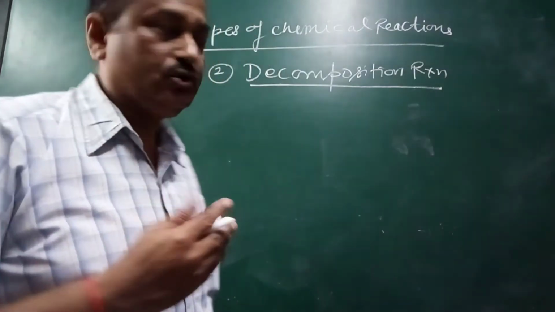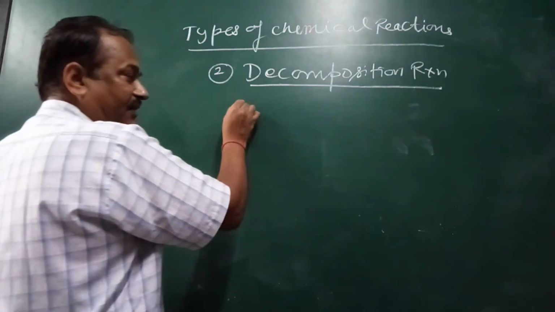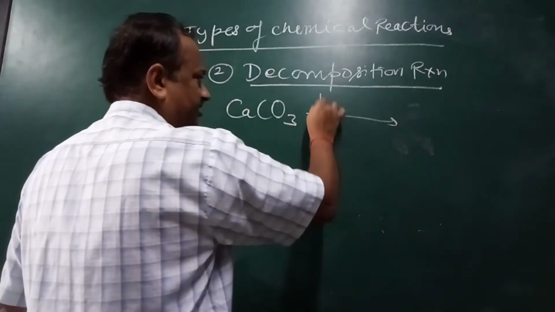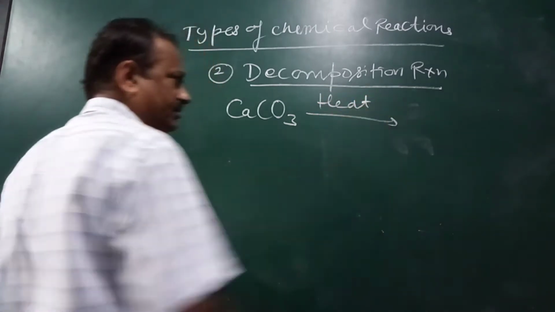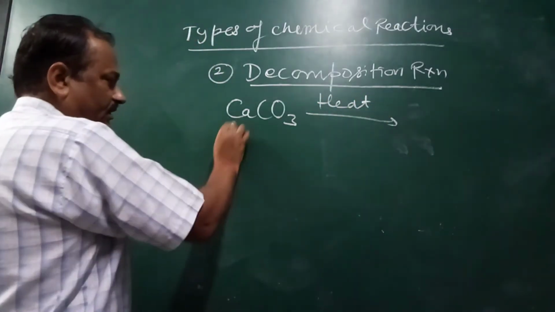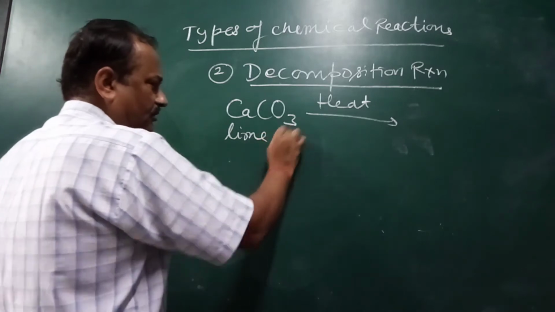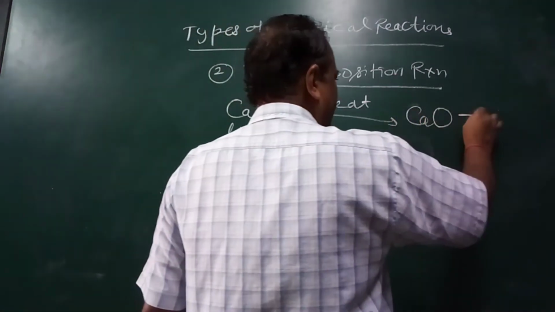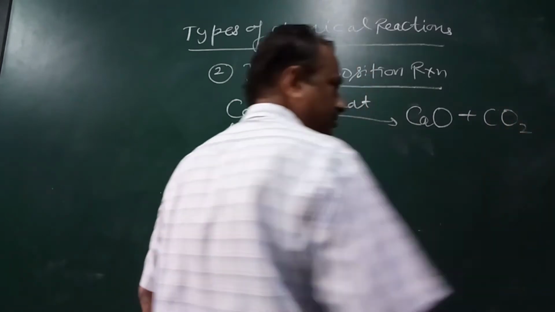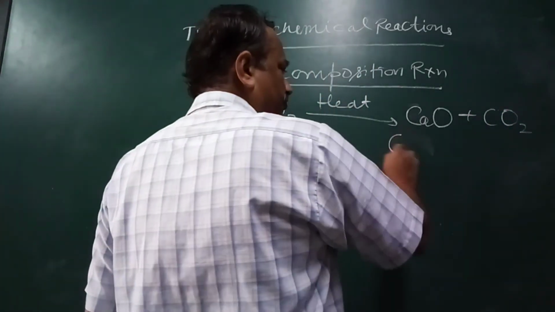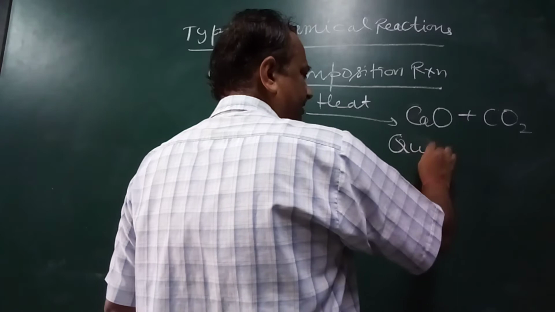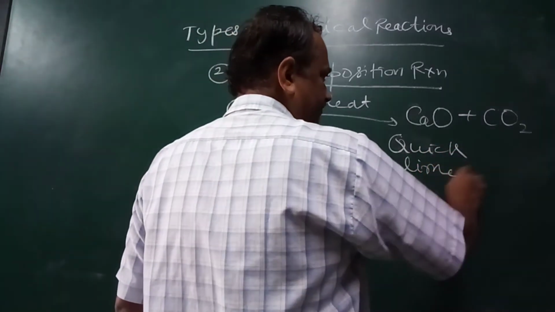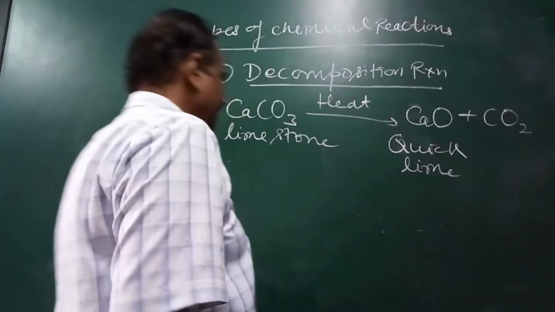Like we take the example of CaCO3, limestone. On heating, there is formation of CaO plus CO2. CaO, common name quicklime, and this is carbon dioxide.